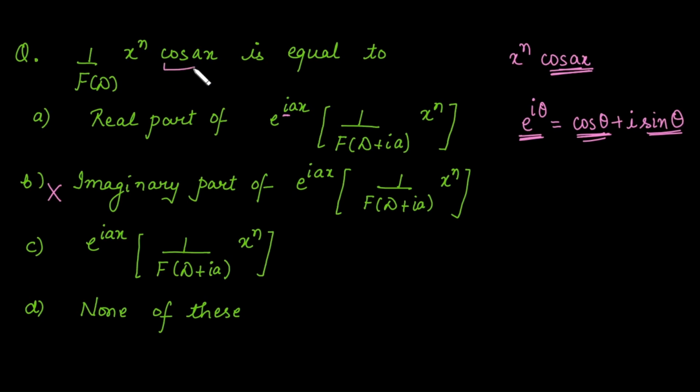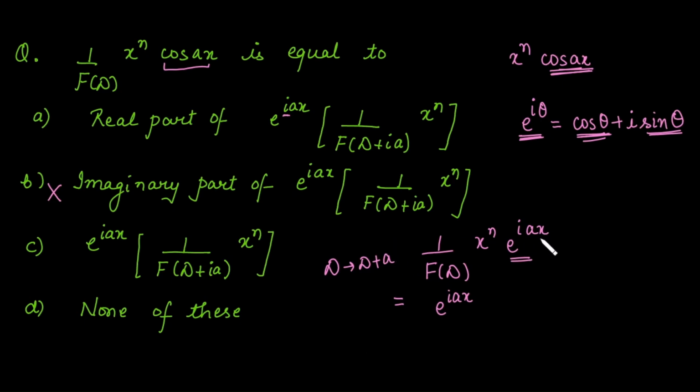So rather than taking cos ax, we can convert this into the exponential term. So if we have this case, 1 by f of D, x raised to power n e raised to power iota ax. In this case, we first operate the exponential. When we operate the exponential, D is shifted as plus a, where a is the coefficient of x.